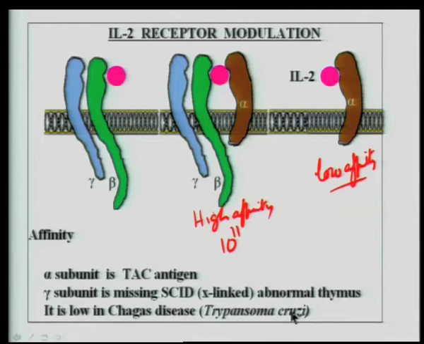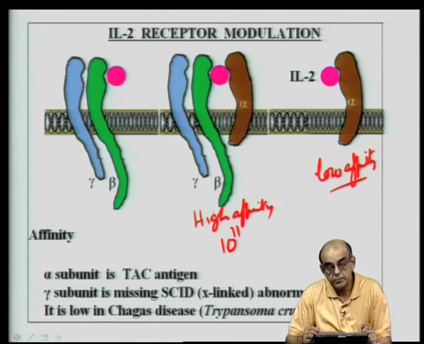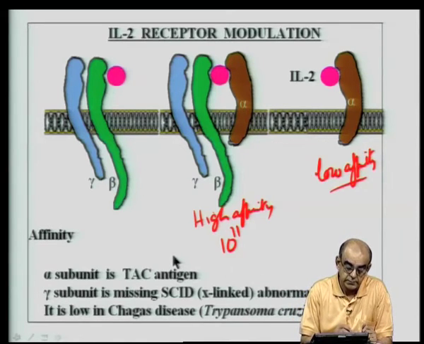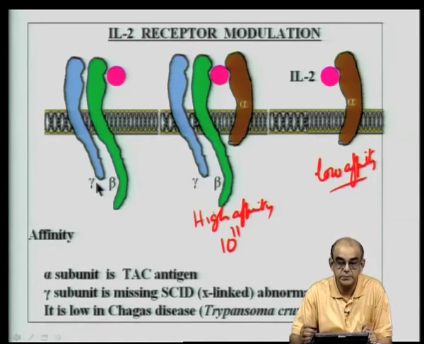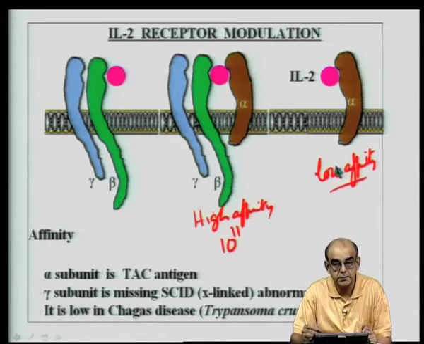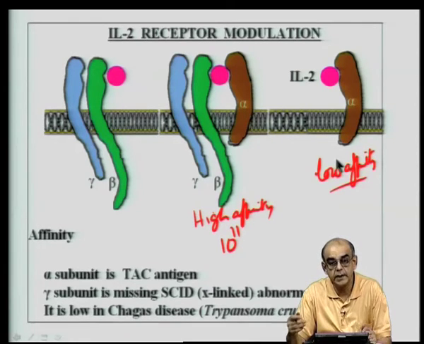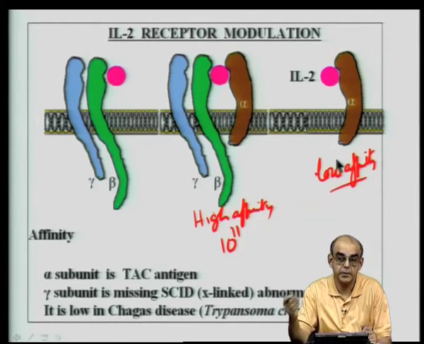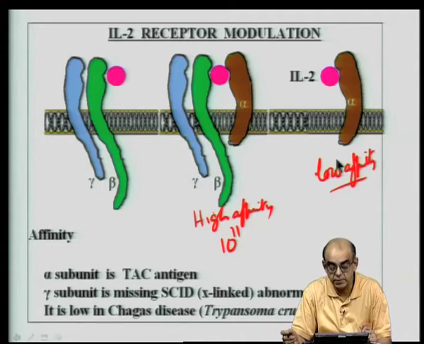In fact, they have found by infecting in vitro with Trypanosoma cruzi that the IL-2 receptor starts to decrease on the cell surface in such situations, and therefore, there is no IL-2 mediated signaling, and that leads to lack of T cell proliferation, and therefore, problems with T cell responses.